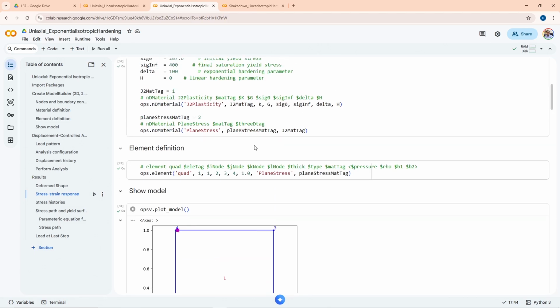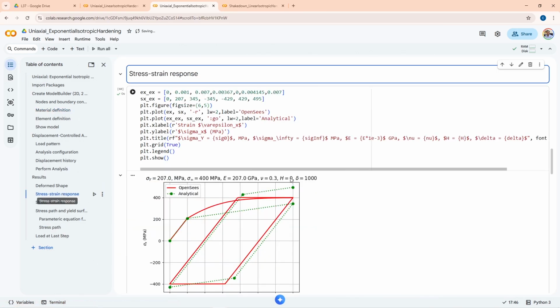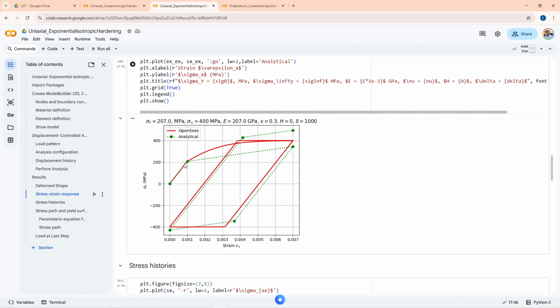If I increase the value of delta, make it 1000, then see what happens. Look at the stress strain response. Earlier it was going like that, now it is going like so, and reaching the 400 very quickly. It has gone here and then here this is already 400.